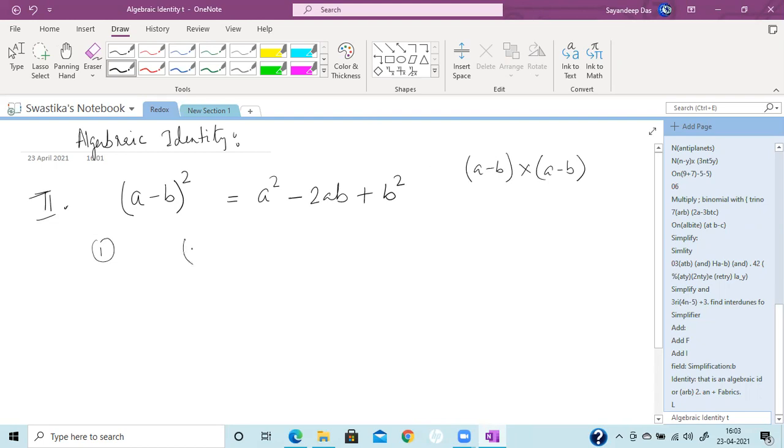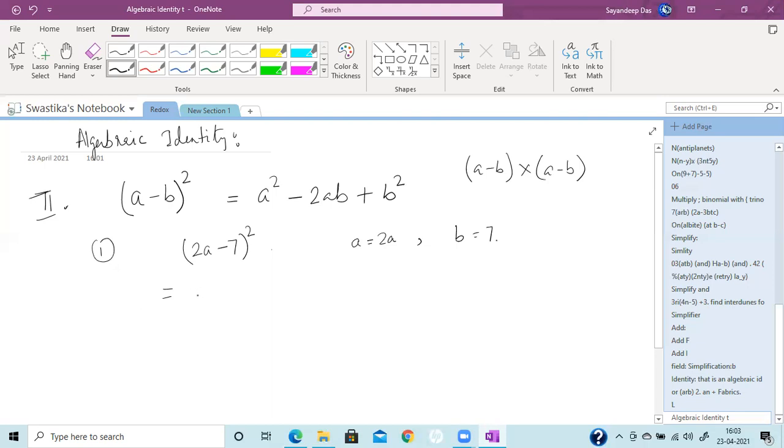Suppose you are asked to expand twice a minus 7 whole square. So here a is twice a, if you are using the identity 2, and b is 7. You can now expand it by using this formula: a square minus twice ab plus b square.